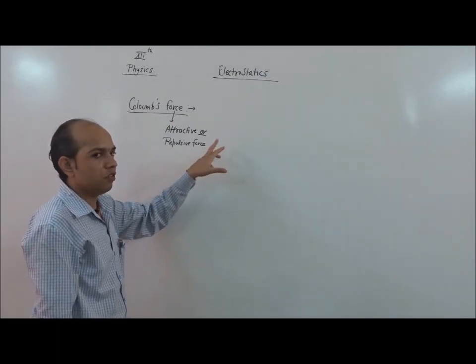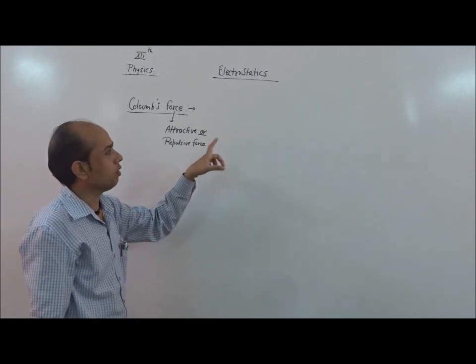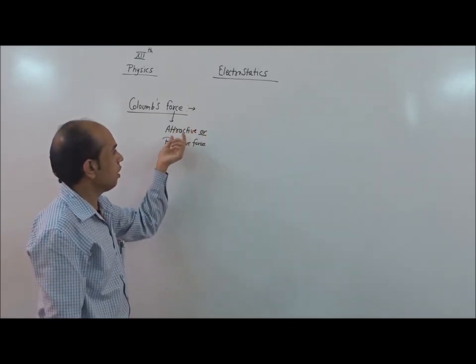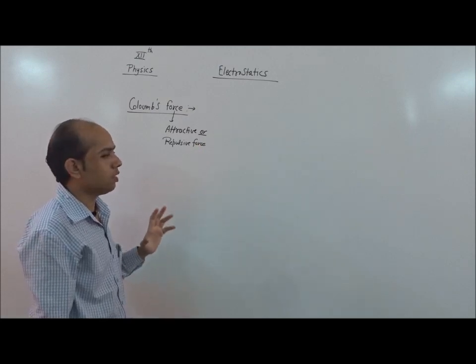Okay. Charges may be both positive, both negative, or one positive and one negative. So how does an attractive or repulsive force exert between two charges?